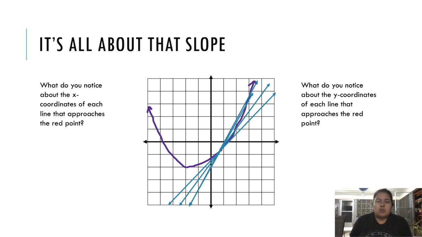And what do you notice about the y coordinate of each line that approaches the red point? Well, just about the same. The distance between the two y coordinates is getting smaller, so the second point of the secant line is getting closer to that point that we want the tangent line to touch.